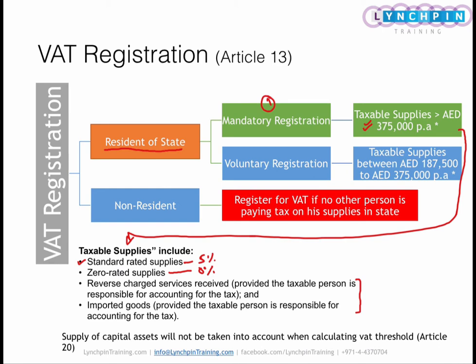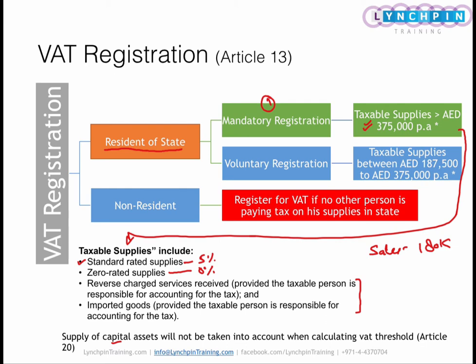Now if I'm selling any capital asset, which means if I've sold any fixed asset, I'll not be calculating it to establish my VAT threshold. I'll give you an example here. Let's say I'm establishing my requirement, should I register for VAT or not, and my sales here is 180,000, and I have sold some of my old furniture items.